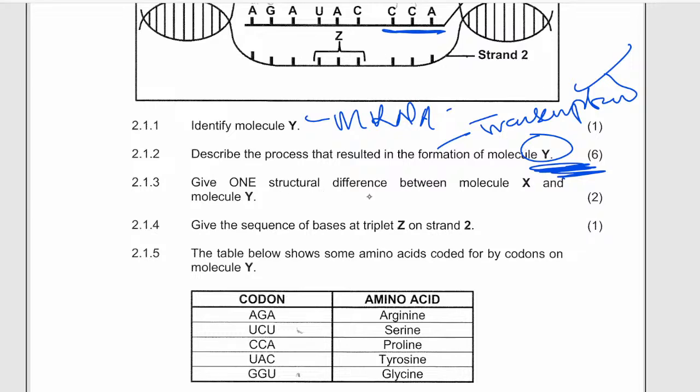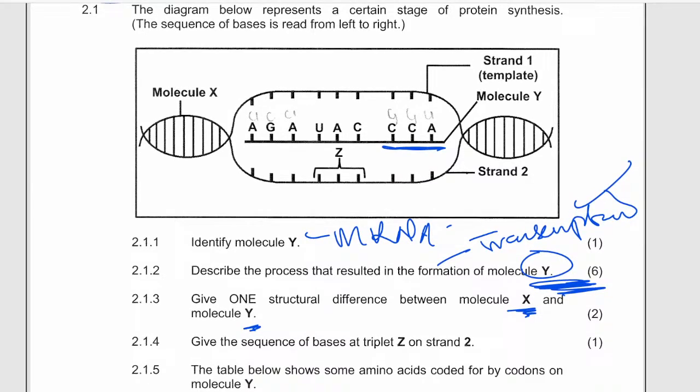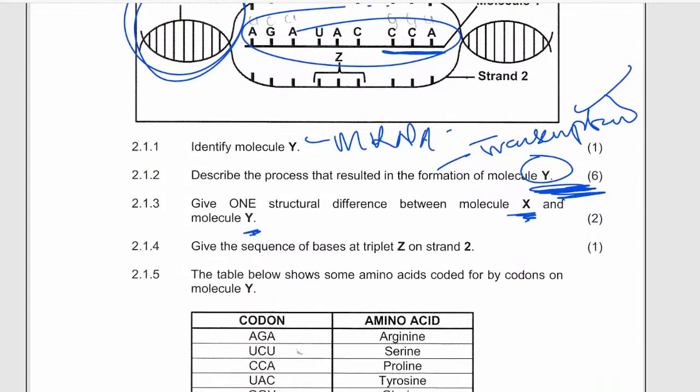Give one structure difference between molecule X and molecule Y. Molecule X, where is molecule X? Oh, they are looking at the difference between a DNA molecule and an RNA molecule. That's what they are looking for. They are saying structure, something which is structure. For example, it's double-stranded, it's single-stranded.